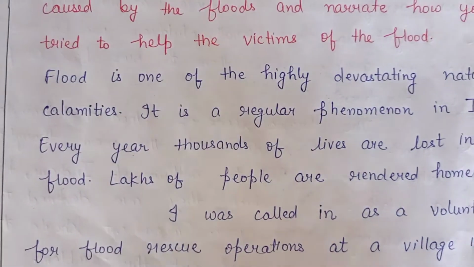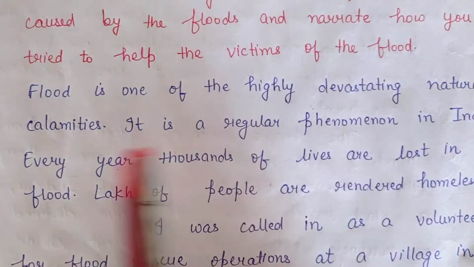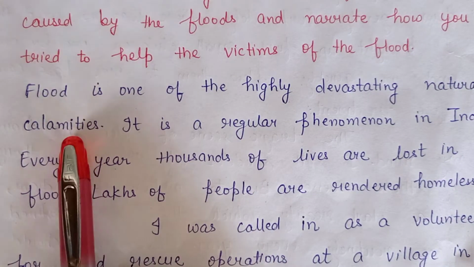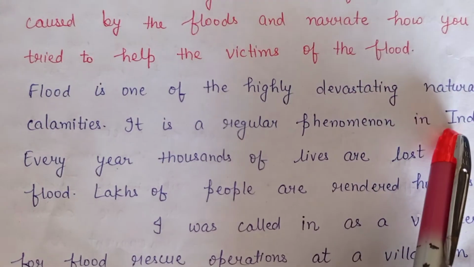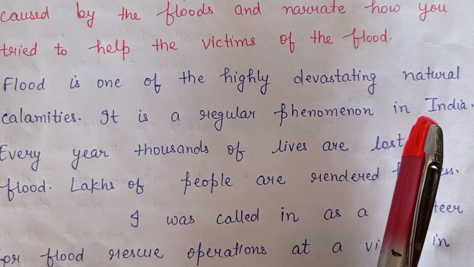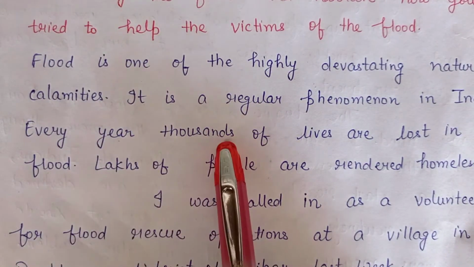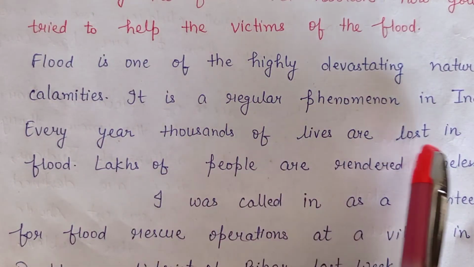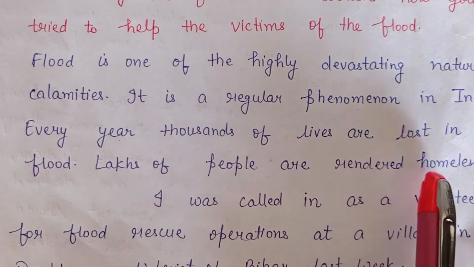So let's begin. Flood is one of the highly devastating natural calamities. Calamities means disaster. It is a regular phenomena in India. So in India, the floods are most frequent. Every year, thousands of lives are lost in flood. Lakhs of people are rendered homeless.